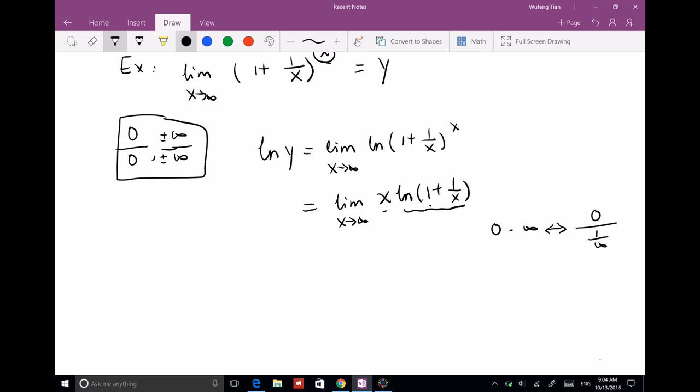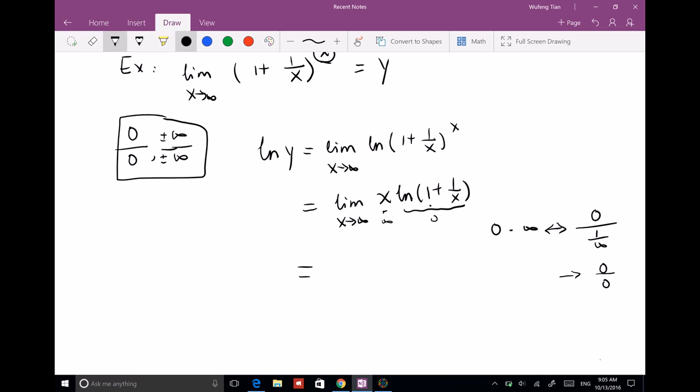You have x going to infinity, this is 0, this is infinity. So we put the infinity in as a denominator, as 1 over infinity. This is the same thing as the 0 times infinity form, and however this will give you a 0 over 0 form. Then you can use L'Hopital's rule.